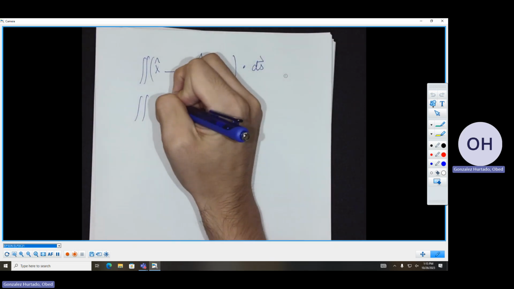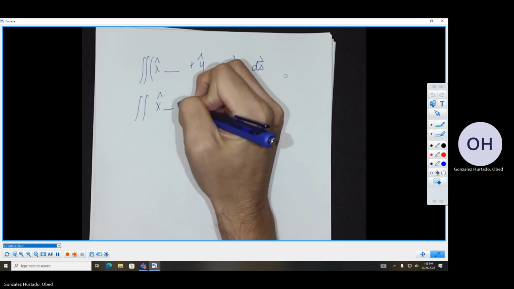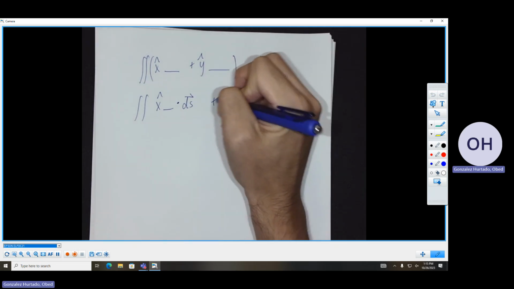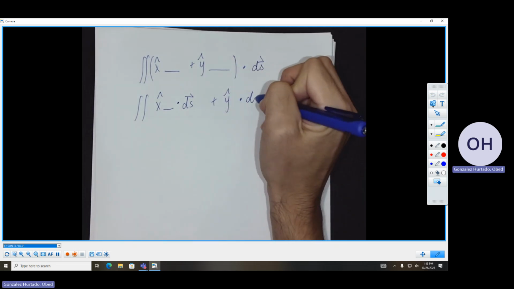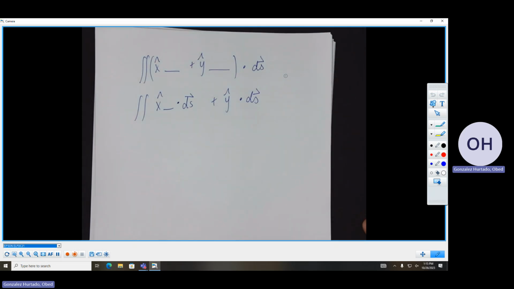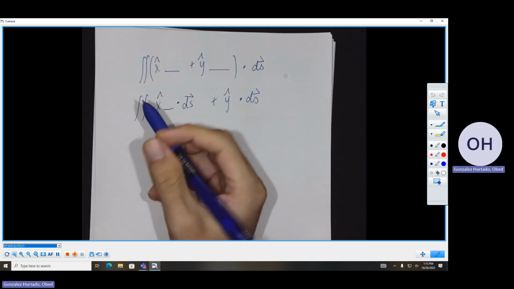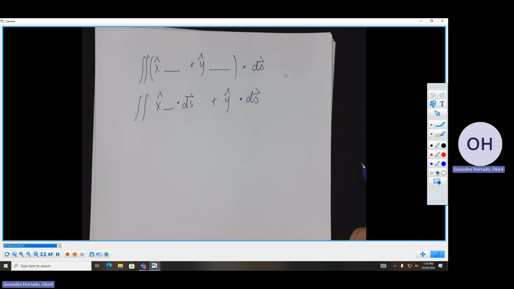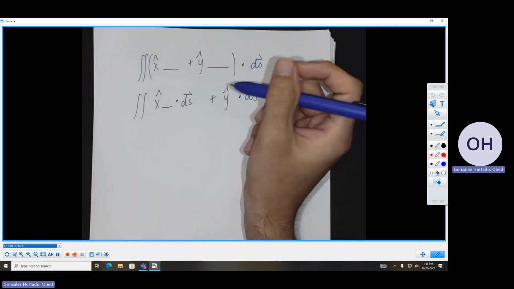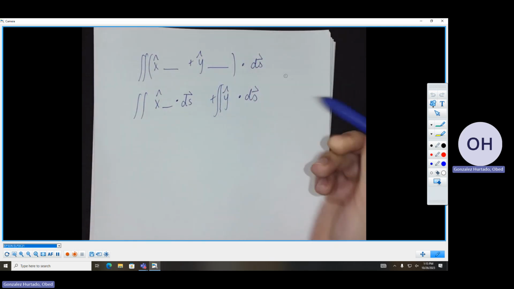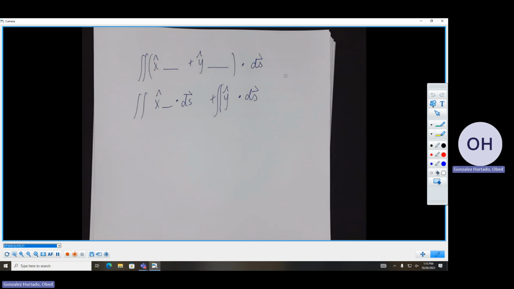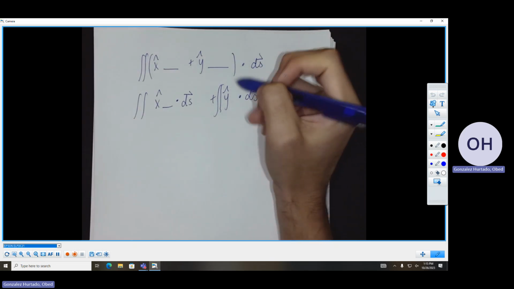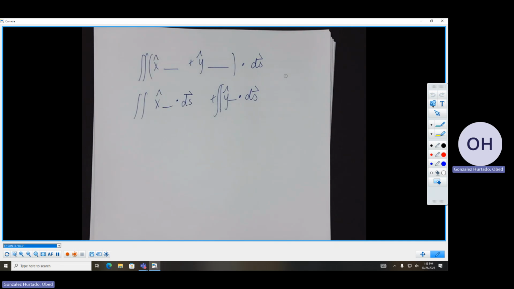You could do that as well, so it ends up being distributed. If the surface is still in the z direction, then it's going to be 0.